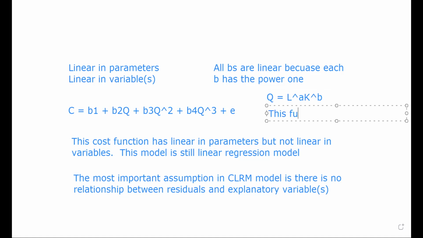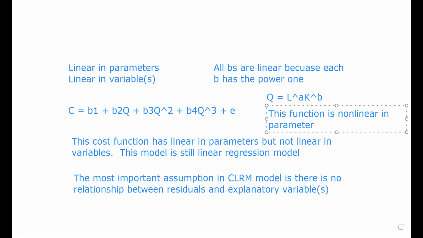This function is non-linear in parameters because the parameter is the power of each variable. Can you differentiate now the difference? The important thing is linear in parameters. We can have an equation non-linear in variables, but we must have linear in parameters.